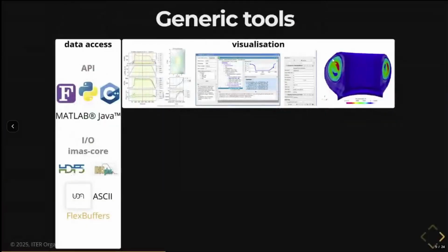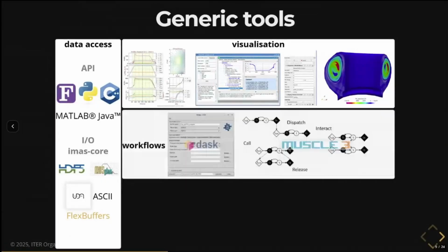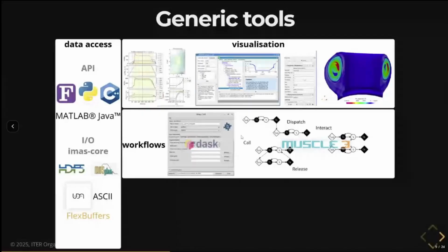But you may have more complex data you want to render. There are placeholders to store it in IDSs, and so we also have a plugin for ParaView doing more advanced visualization.